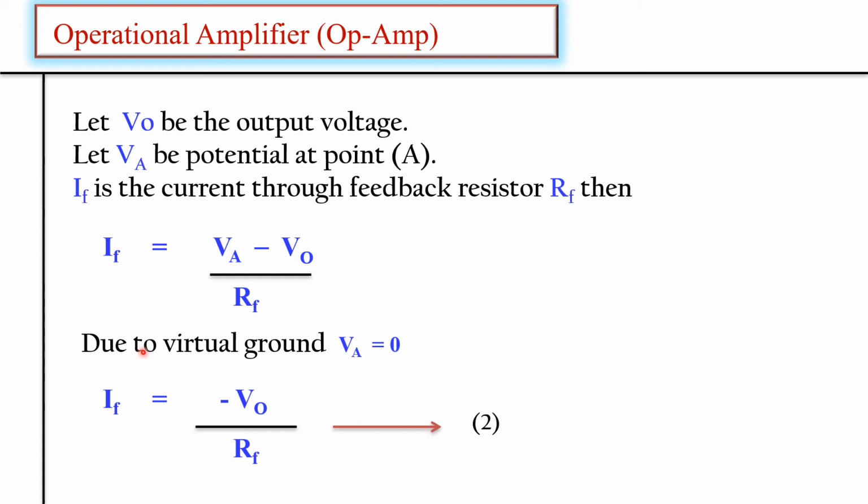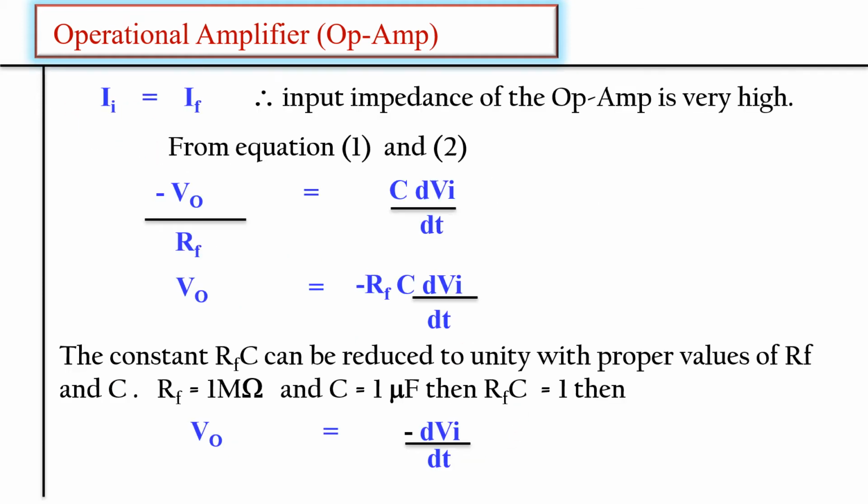So this equation reduces to IF is equal to minus Vo upon RF, that is equation number 2. Ii is equal to IF, since the input impedance of the op-amp is very high. So from equations 1 and 2, IF is equal to minus Vo upon RF is equal to Ii is equal to C into dVi/dt.